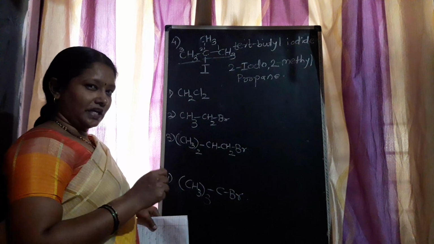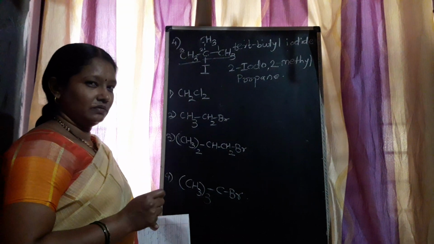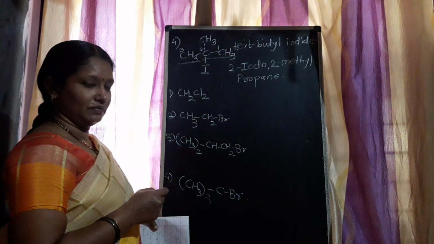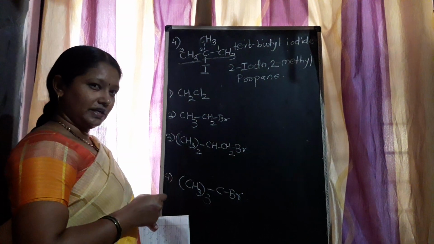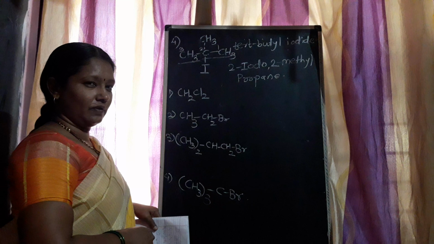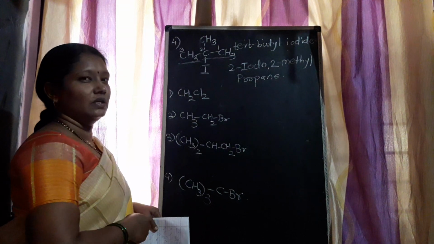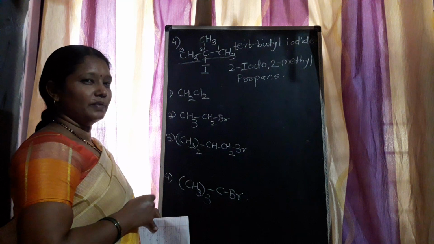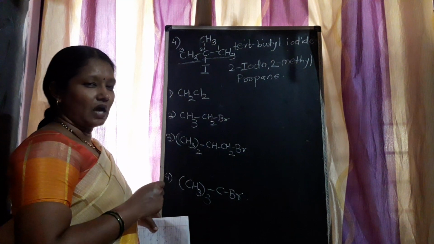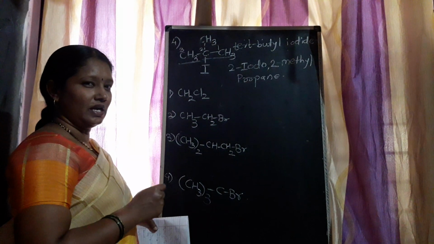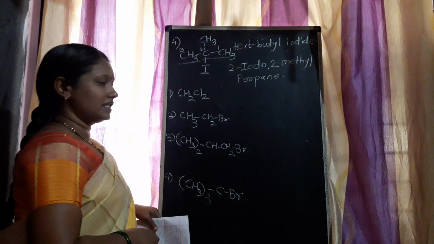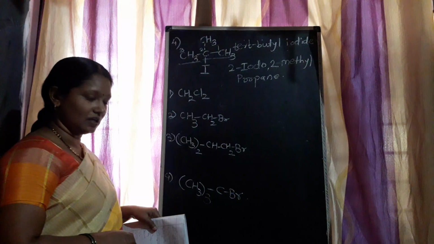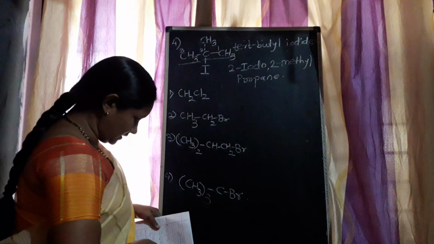Now I can send you the PDF of the chemistry textbook. You can study the textbook also. Now in this one we can only study the IUPAC name, because for the board exam only the IUPAC names are asked. Now first example, it is CH2Cl2. In this only one carbon atom is present.